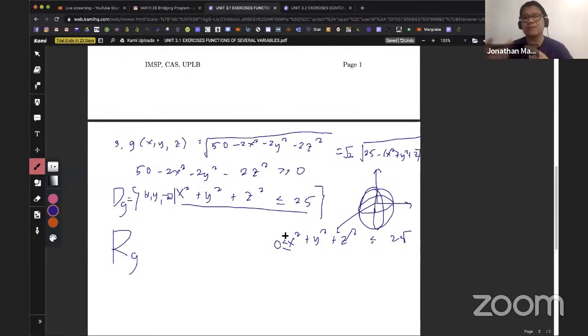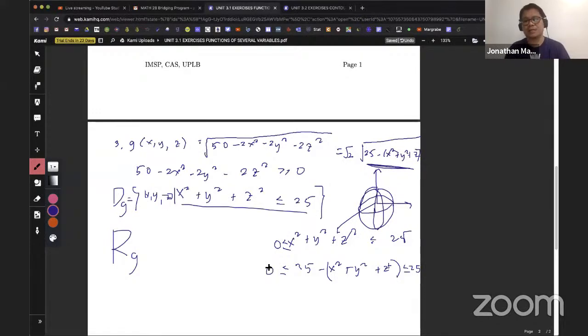And if you manipulate this expression para makuha natin ito, verify that we will get this one: 25 minus x squared plus y squared plus z squared is less than or equal to 25 and greater than or equal to 0.